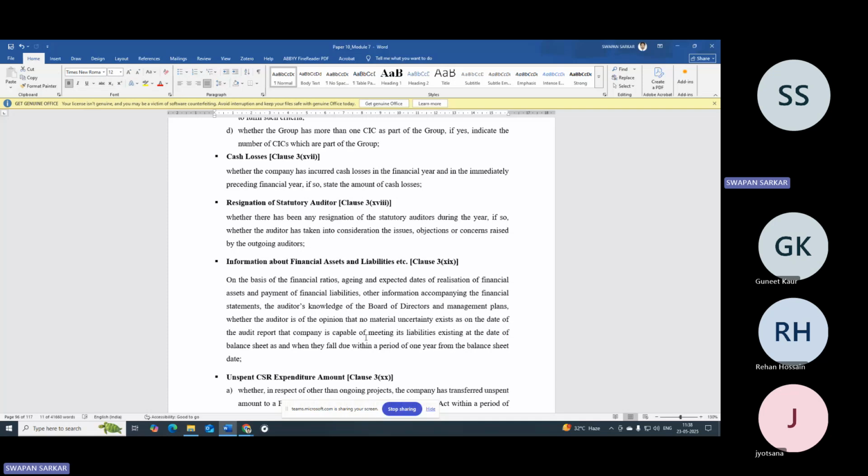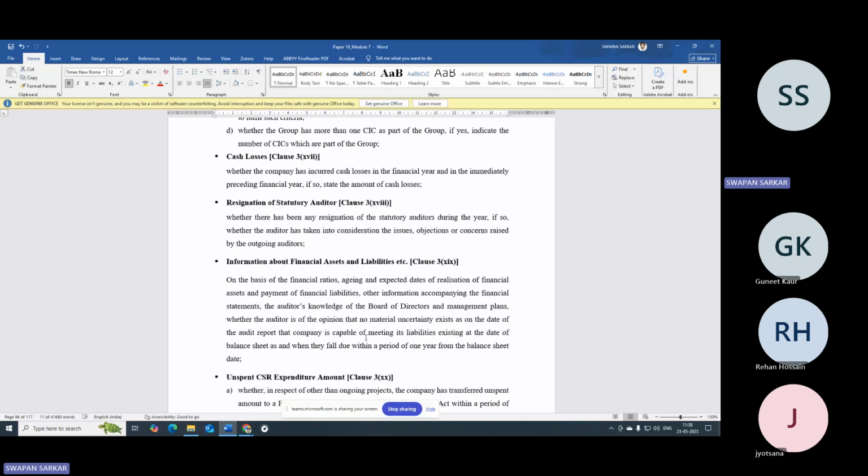Information about financial assets and liabilities on the basis of financial ratios, ageing, and expected dates of realization of financial assets and payment of financial liabilities. Other information accompanied by the financial statements, the auditor's report, the board of directors' report, and management plans.